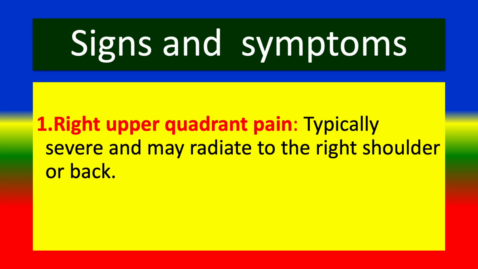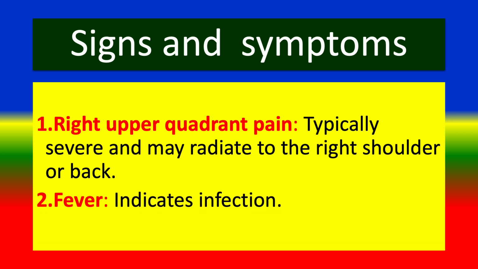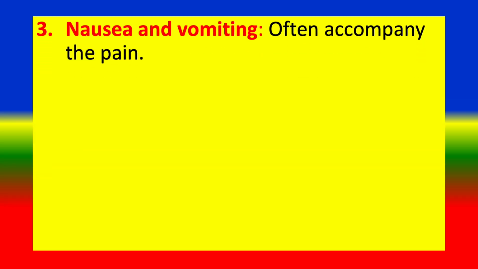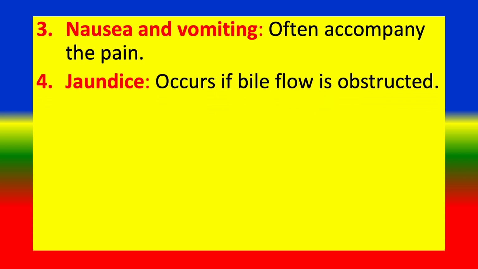Signs and symptoms. 1. Right upper quadrant pain, typically severe and may radiate to the right shoulder or back. 2. Fever indicates infection. 3. Nausea and vomiting often accompany the pain. 4.